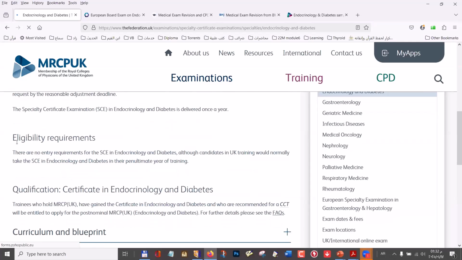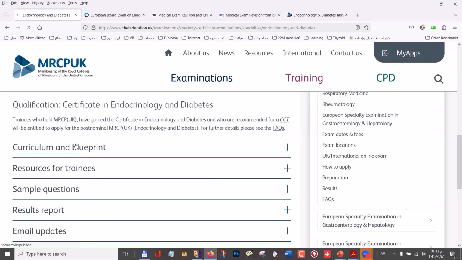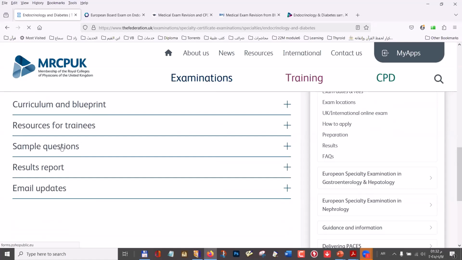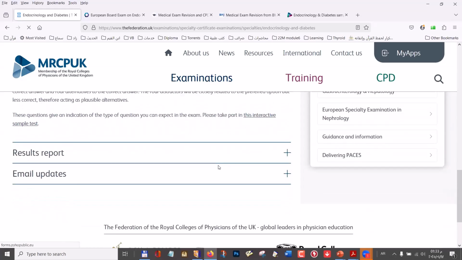Of course, there is no entry requirement for this certificate, no eligibility requirement. And of course, the curriculum and the resources I will announce later. You can get a lot of examples of the same difficulty as the exam from these sample questions. Just click on this interactive sample test, and I will give a hint about this.